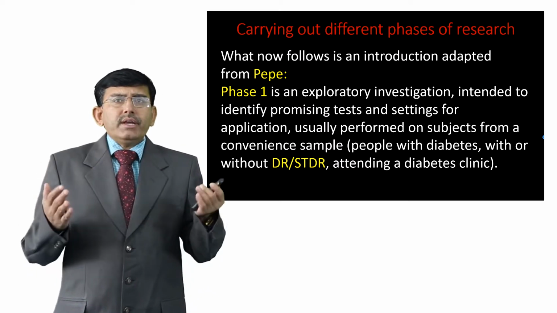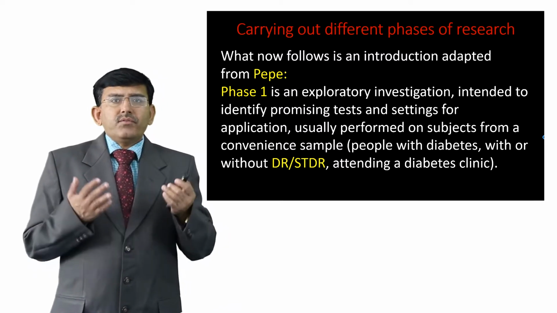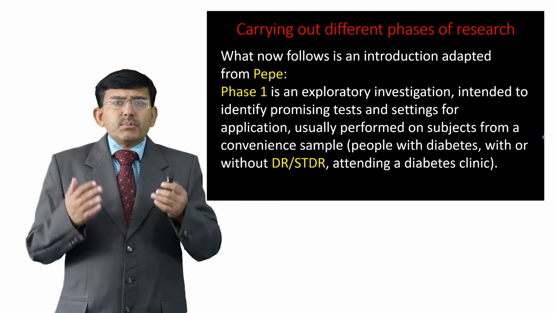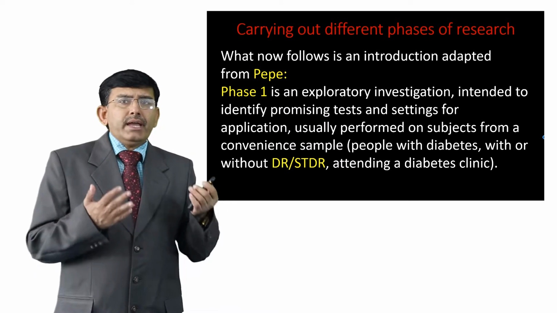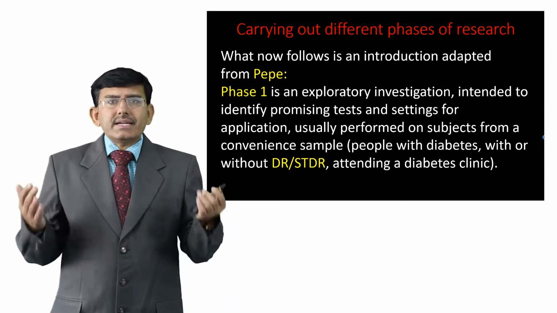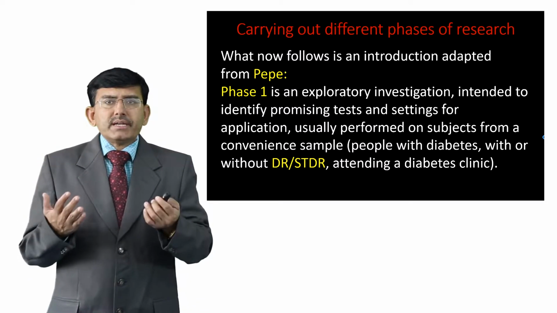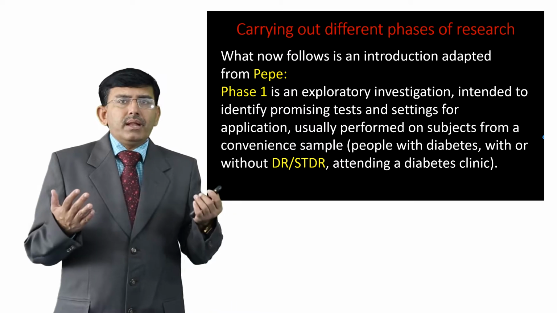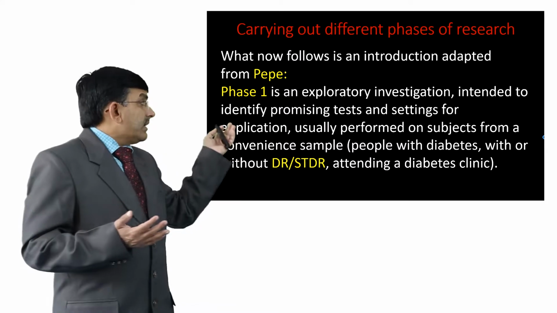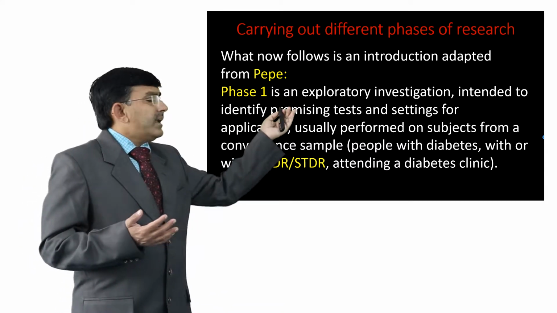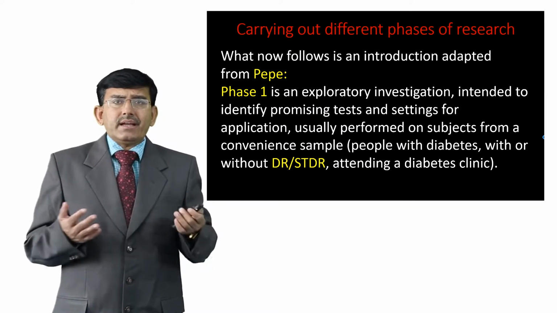What now follows is an introduction adopted from Pepe. Phase 1 is an exploratory investigation intended to identify promising tests and settings for application, usually performed on subjects from a convenience sample: people with diabetes, with or without diabetic retinopathy and/or STDR, attending a diabetes clinic.